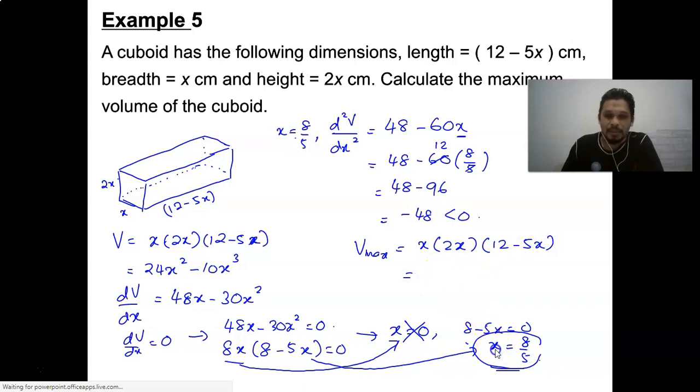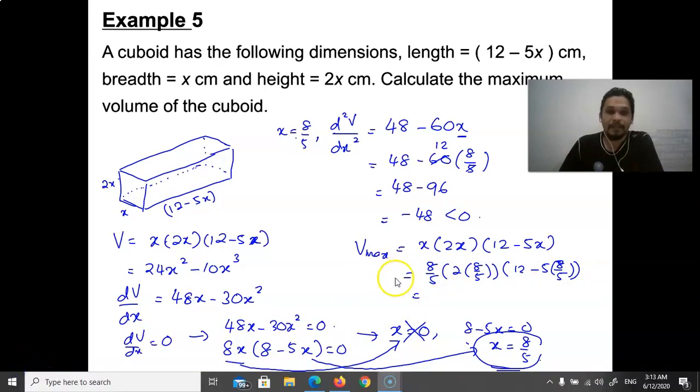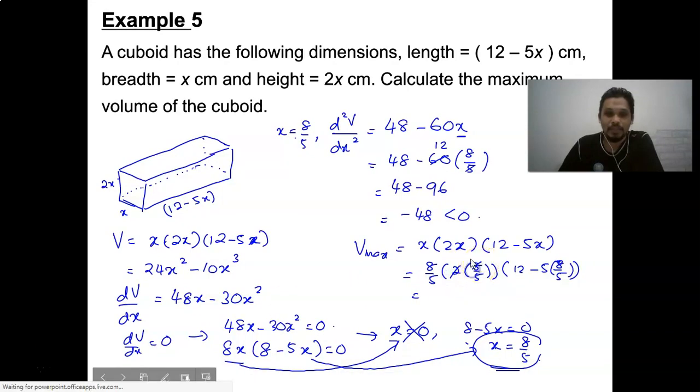Substitute x equal to 8 over 5: 8 over 5 times 2 times 8 over 5 and 12 minus 5 times 8 over 5. Simplify this with 2 times 8 equal to 16, 5 divided by 5 equal to 1.